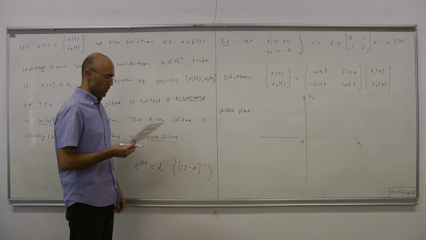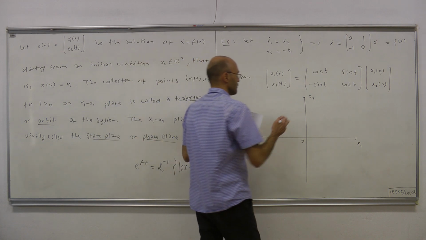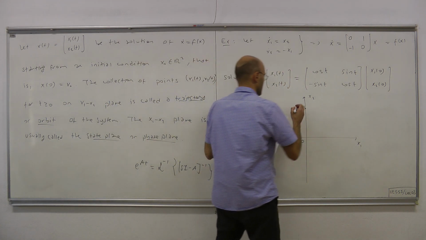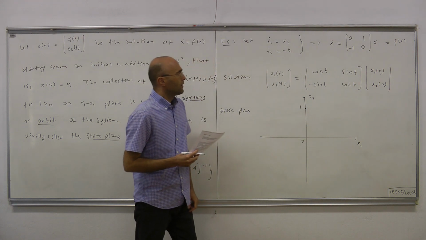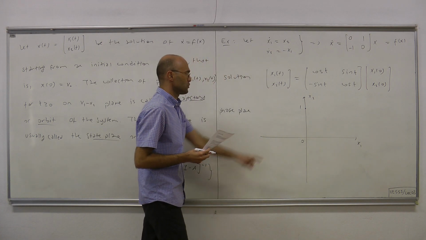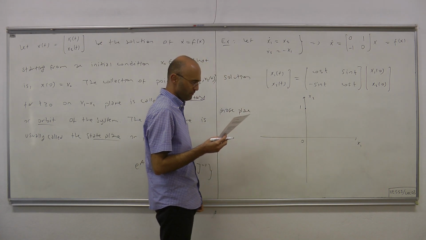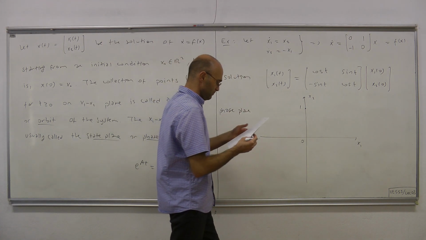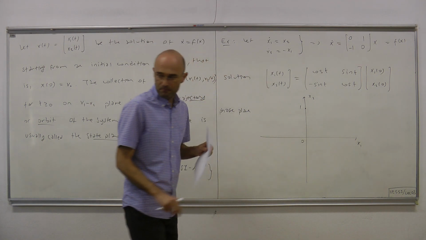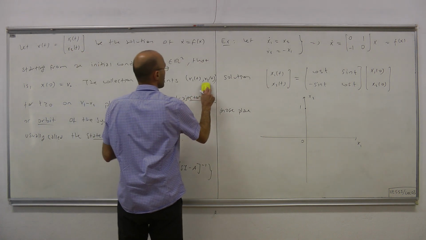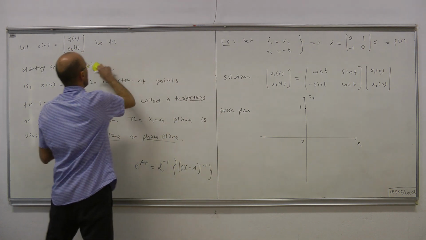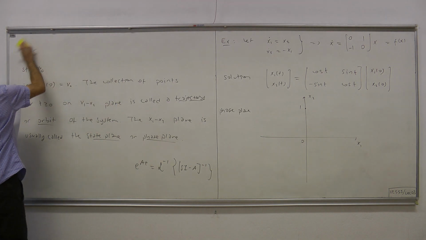Okay. So suppose that we start from the initial condition where x1 of 0 is 0 and x2 of 0 is 1. So we start from this point. Okay, what's the trajectory that starts from that point?